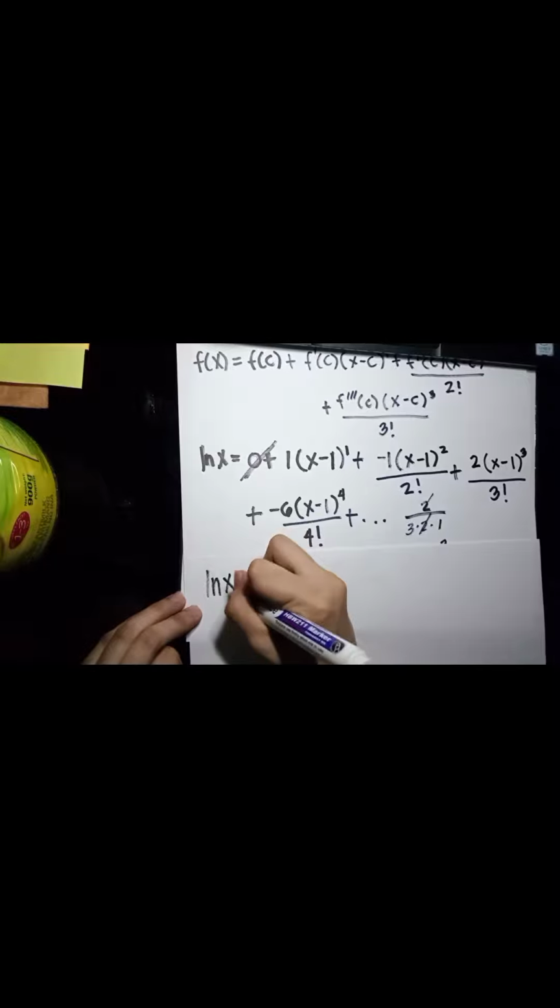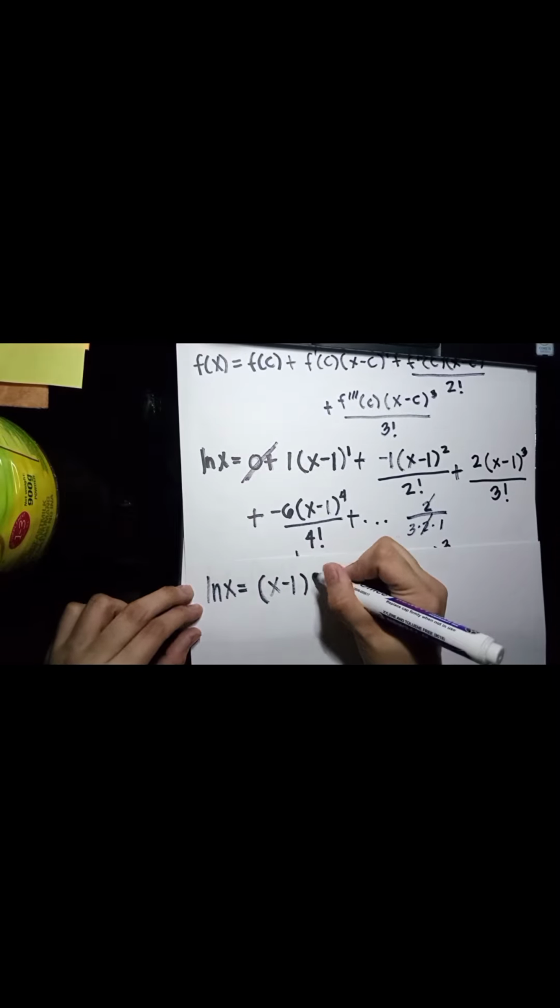So it will be equal to x minus 1 divided by 1, minus x minus 1 raised to 2 divided by 2 factorial, which simplifies as 2, plus 2 divided by 3 factorial, so the 2 will be cancelled.